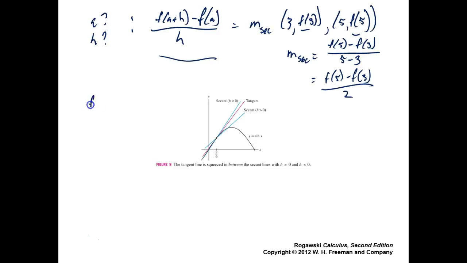So we have f of a plus h minus f of a over h is equal to f of 5 minus f of 3 over 2. Okay? Now, looking at that, what would be your a? What would be your h?